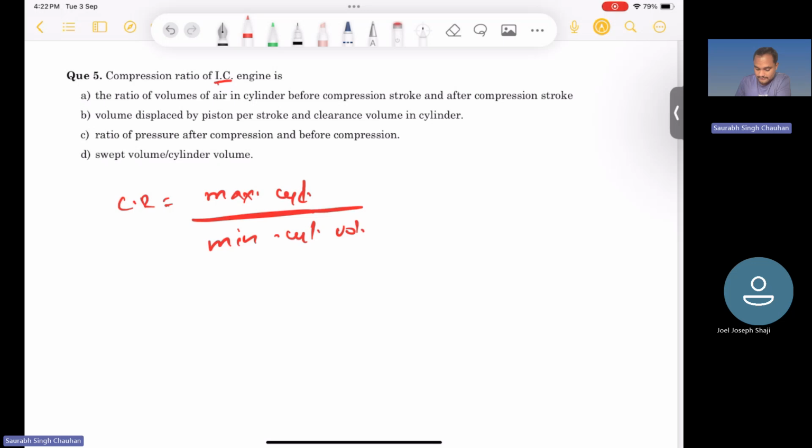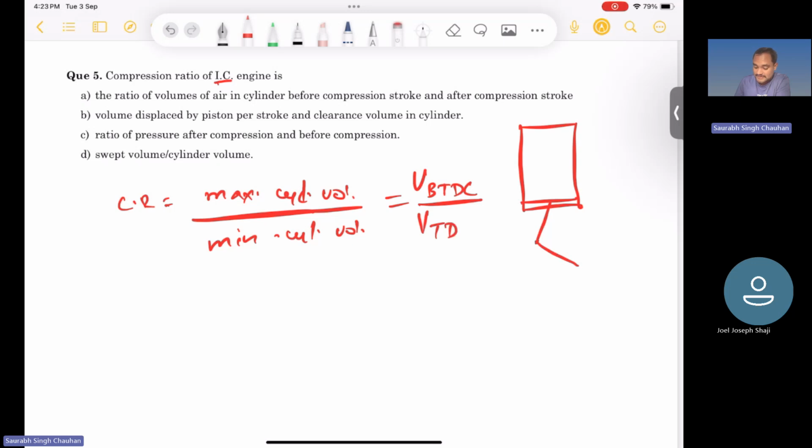So when will you get the maximum cylinder volume? When the piston is at BDC, bottom dead center. And when will you get the minimum cylinder volume? When the piston is at the TDC.